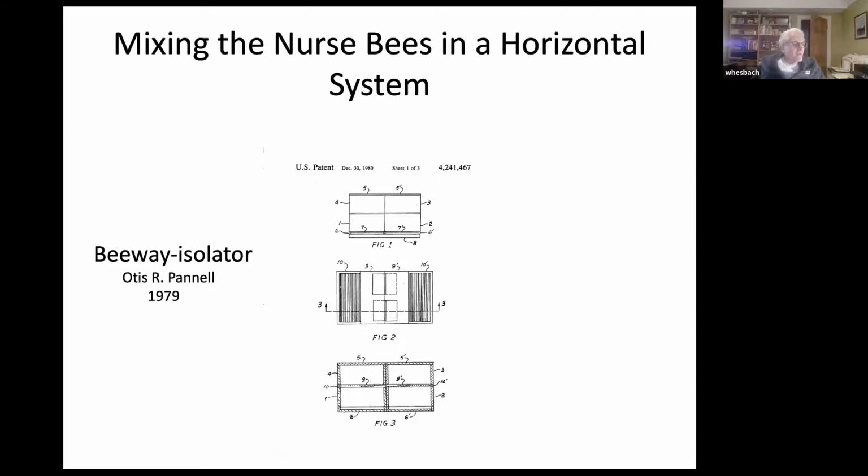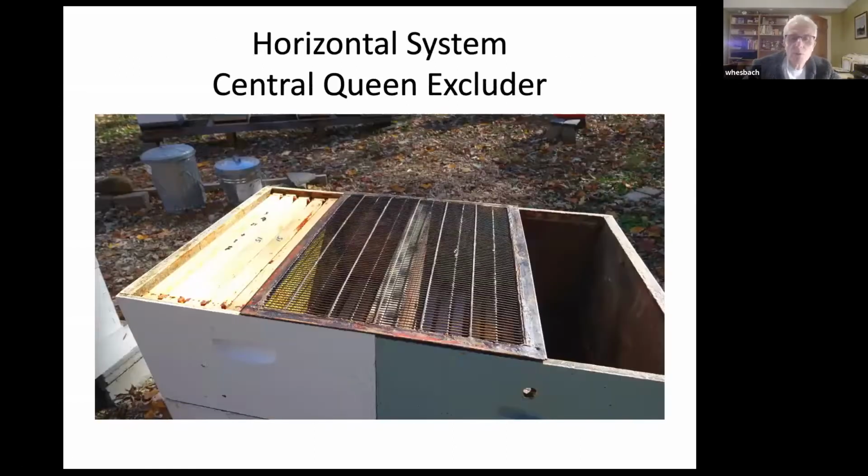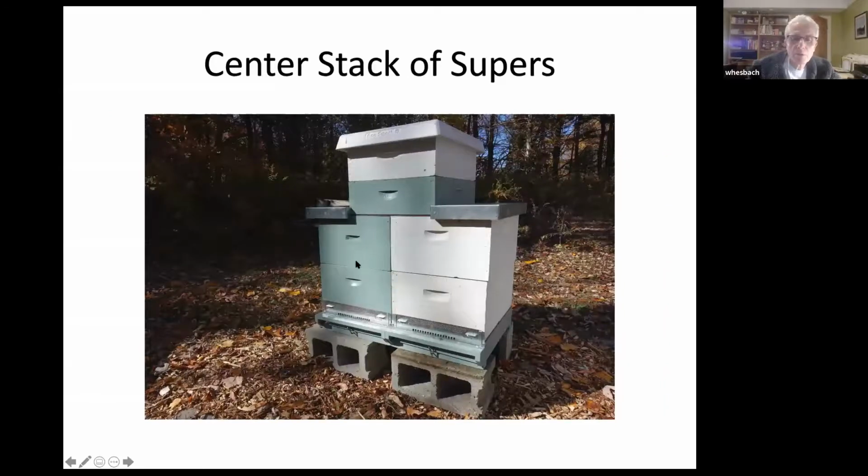So what the bee-way isolator does, right, is allow bees to move through these little channels between, you put it here, the bee-way isolator goes right between these boxes, the lower and upper box on each side of the horizontal system.